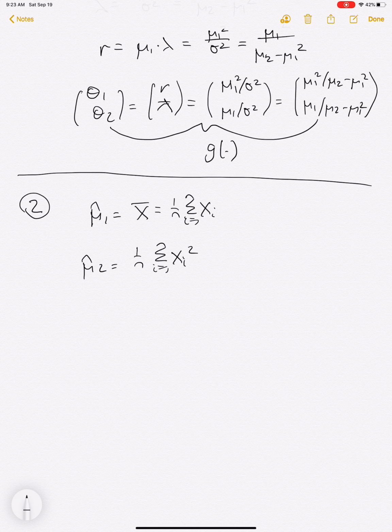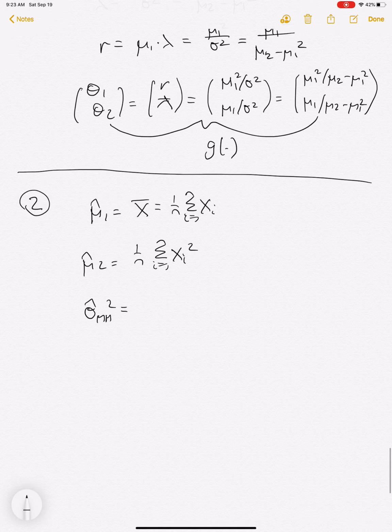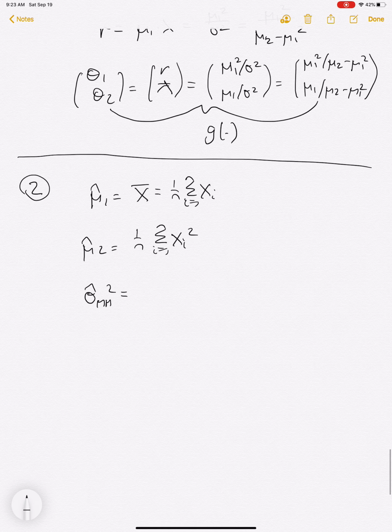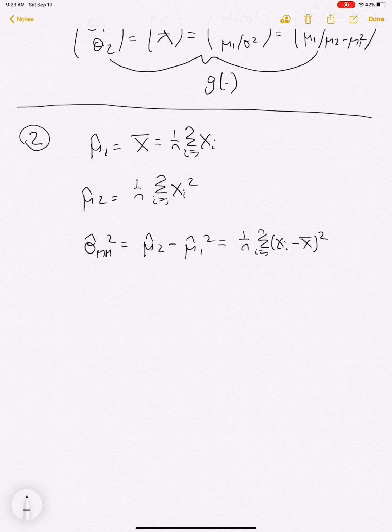I'm also going to add sigma hat squared as an estimator, because that's useful here as well. We know that that's just equal to mu hat 2 minus mu hat 1 squared.